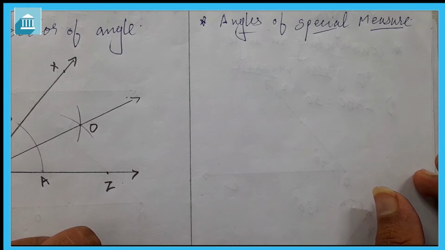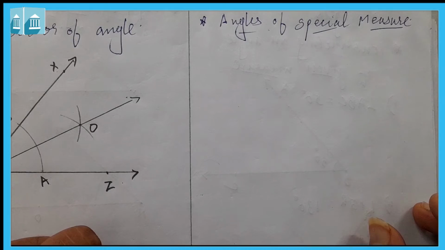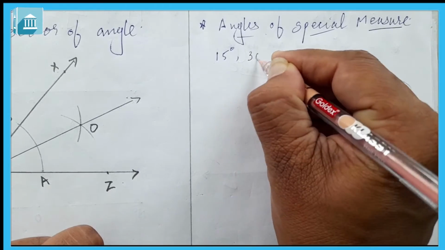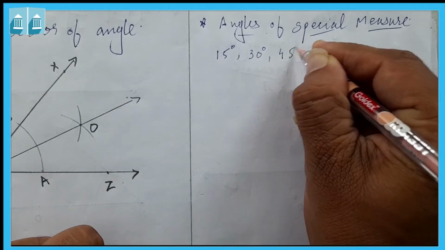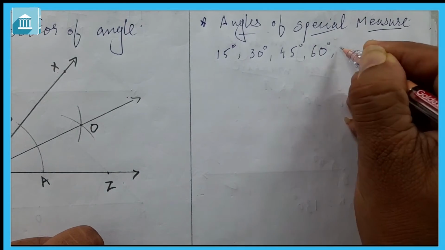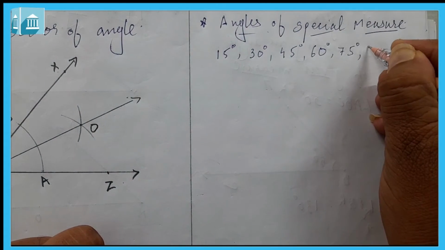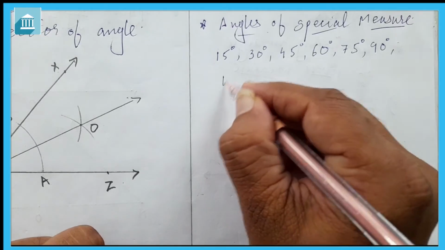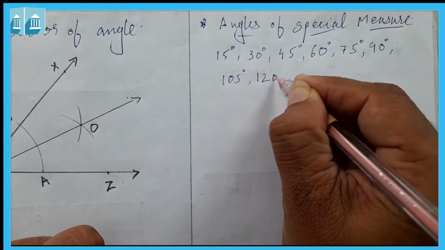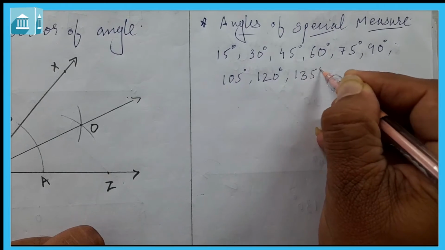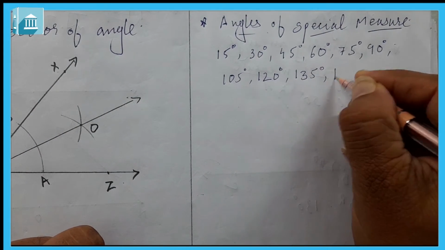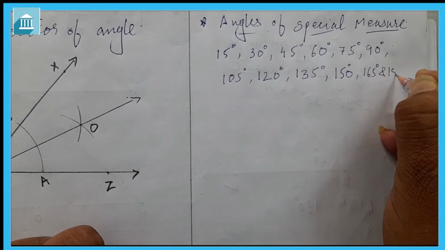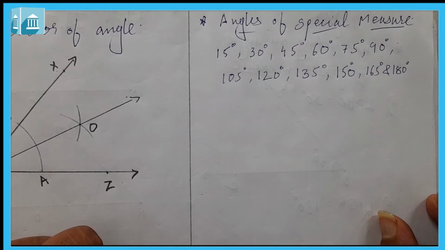All multiples of this: 15 degree, 30, 45, 60, 75, 90, 105, 120, 135, 150, 165 and 180 degree. These all are special angles, we can say.